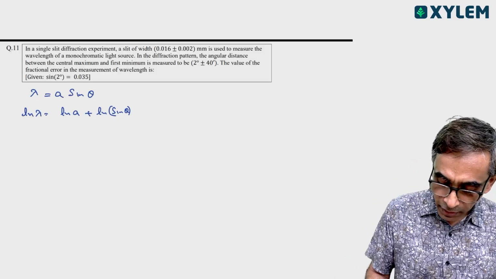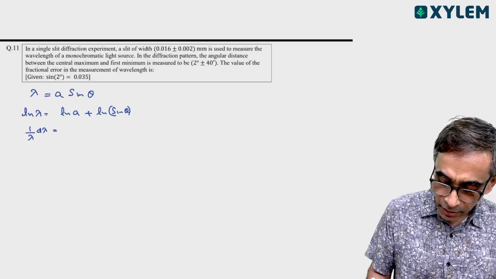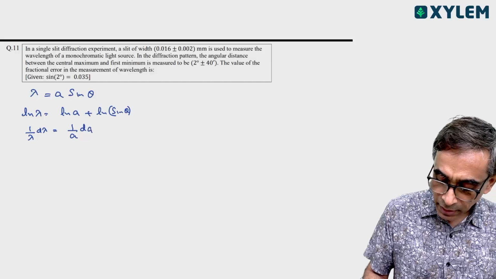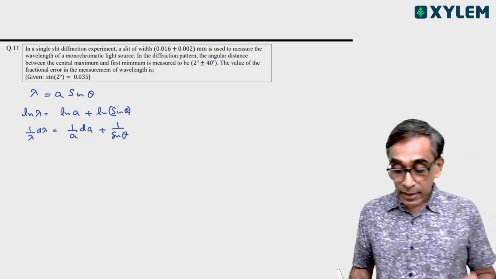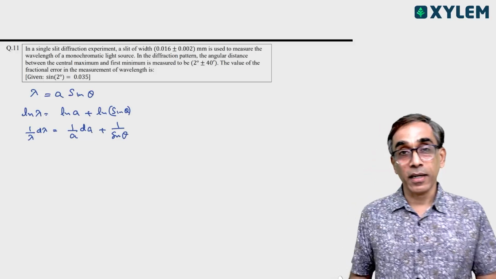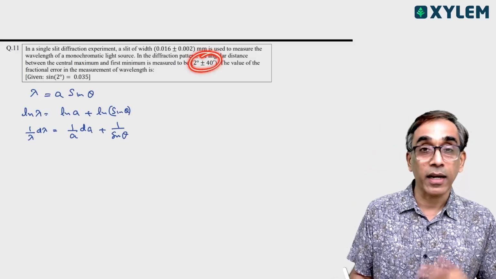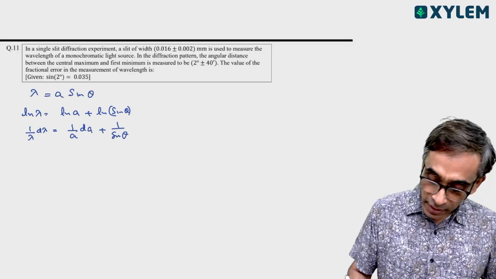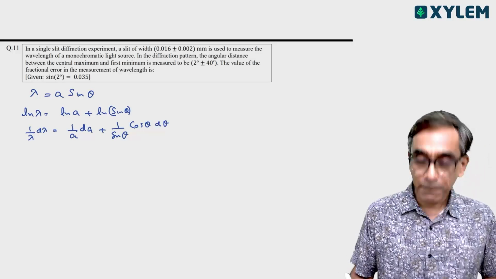Log lambda gives 1 by lambda d lambda equal to 1 by a dA plus 1 by sin theta d sin theta. But understand that our error is in angle, not in sin theta. So d sin theta can be written as cos theta d theta.